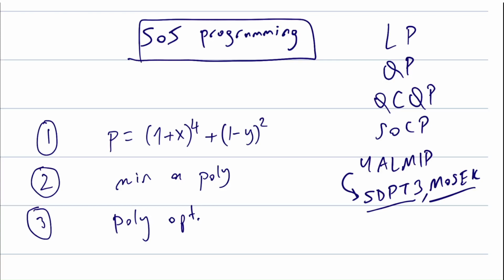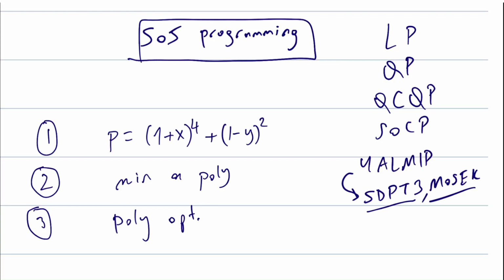I guess people use semi-algebraic sets for that type of set. This is the set that your decision variables should be in. All right, 3 problems. We will see how SOS programming can help us solve those problems.